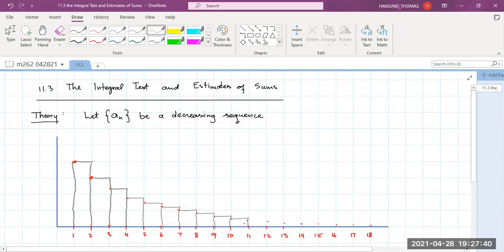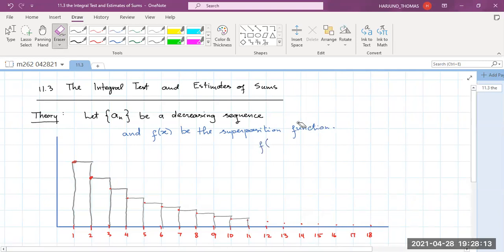Okay. Now, compared to this, let f(x) be the continuous function.